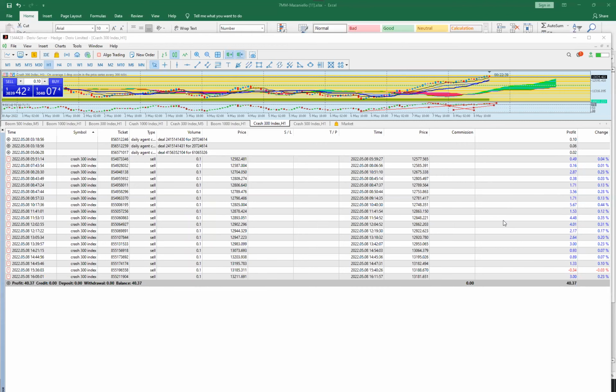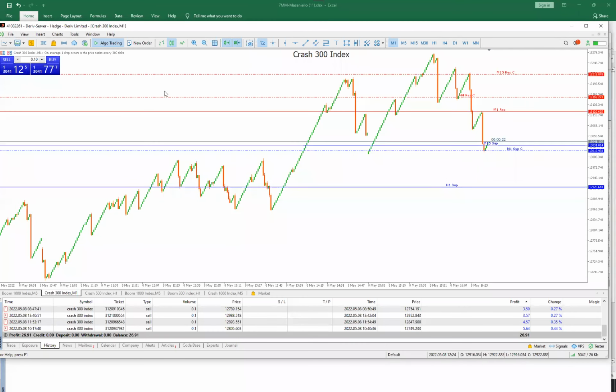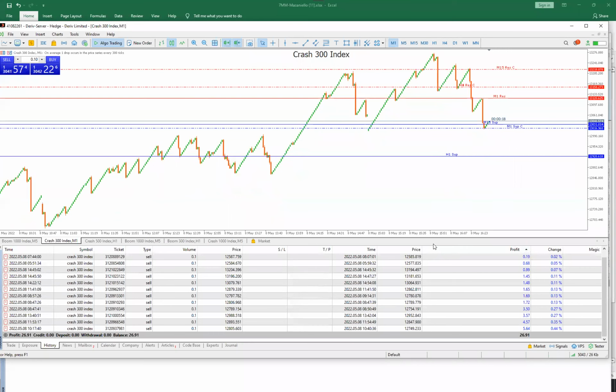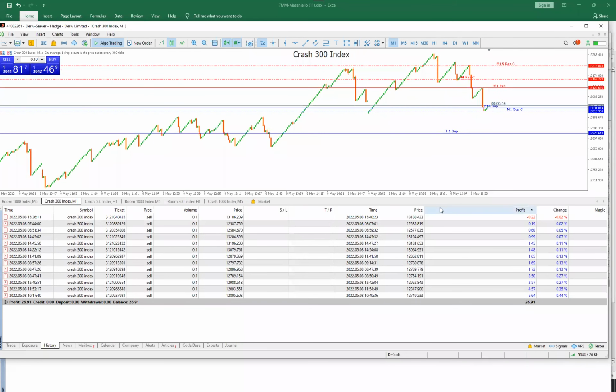You know, when I'm trading, I'm not using one account. Another account is also open in front of me. When I place a trade, I place it in both accounts.